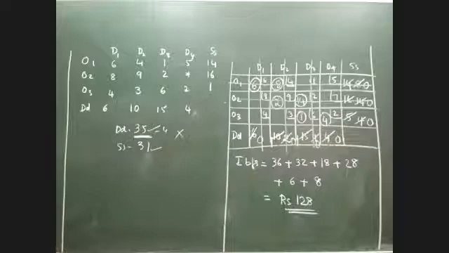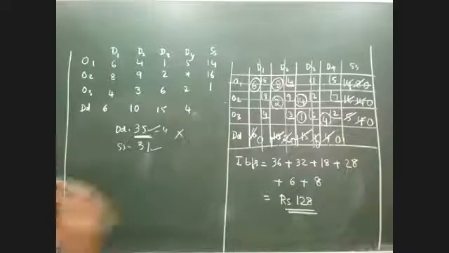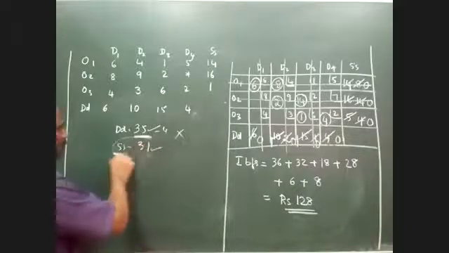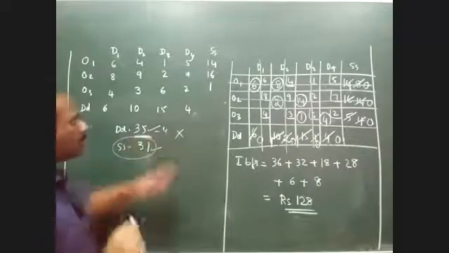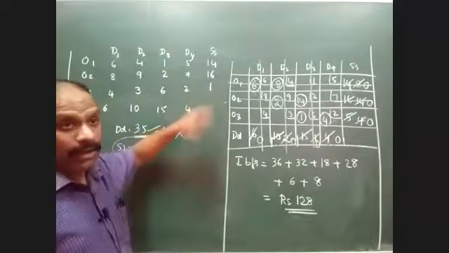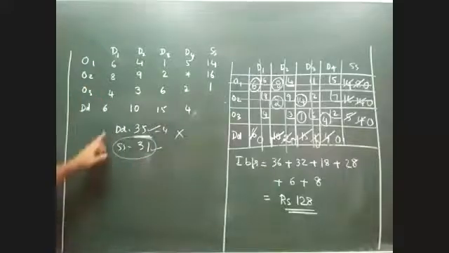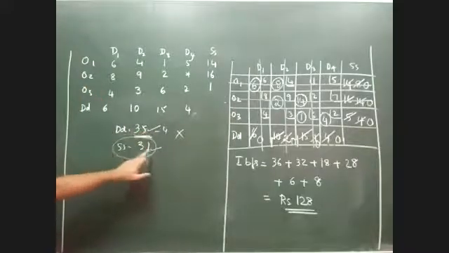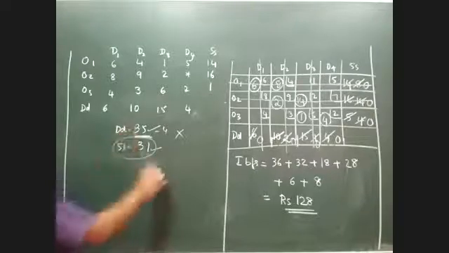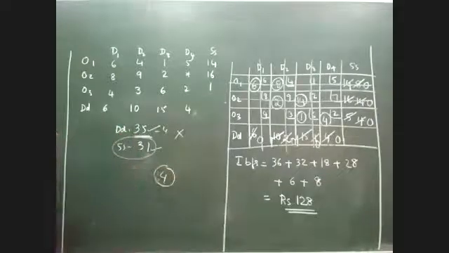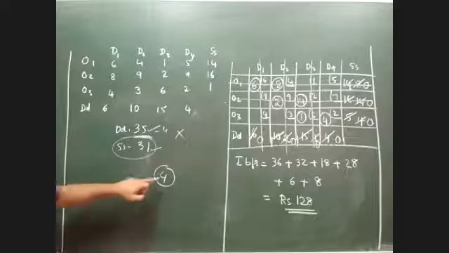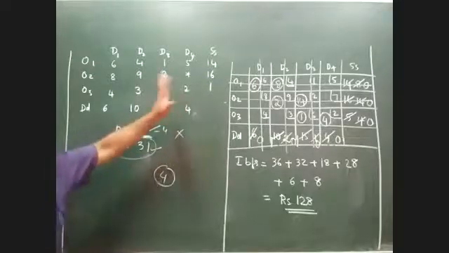Is it clear now? From this question, it is very clear that the shortage is in supply. The next point is you should identify how much the shortage is. Demand is 35, supply is 31. Therefore, the difference of these two is 4. Therefore, the shortage is 4. So by adding 4 to supply, it can be made equal.